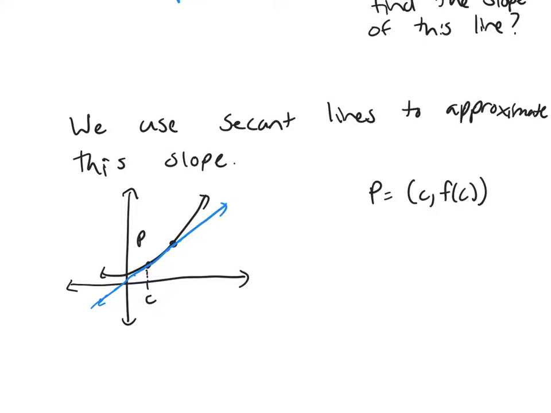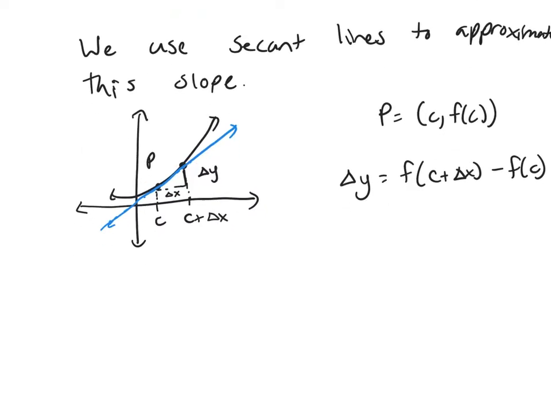So what I've done is I've increased my x coordinate by just a little bit. I'm going to increase it by delta x. So now in this triangle, this distance here is delta x. And then this distance right here, this is what I'm going to call delta y. And delta y is the difference in those two outputs, f of c plus delta x minus f of c. And so now, can I find the slope of this blue line?